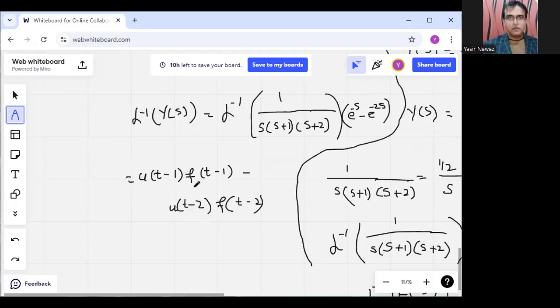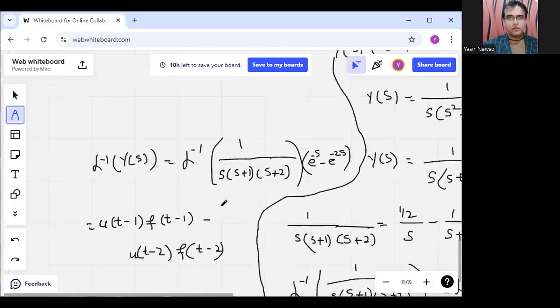So in that case, f(t-1). And then when t is greater than 2, this will give 1, this will give 1. So the answer would be f(t-1) minus f(t-2).